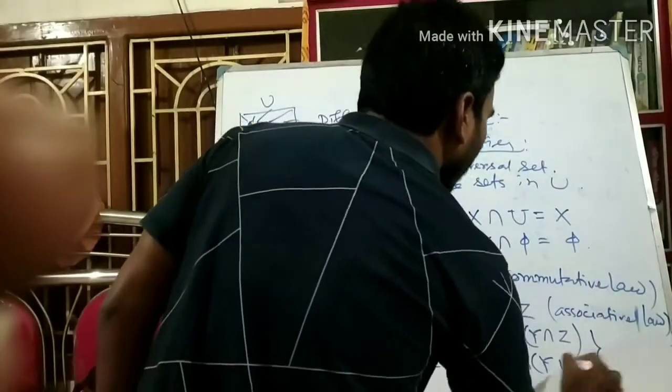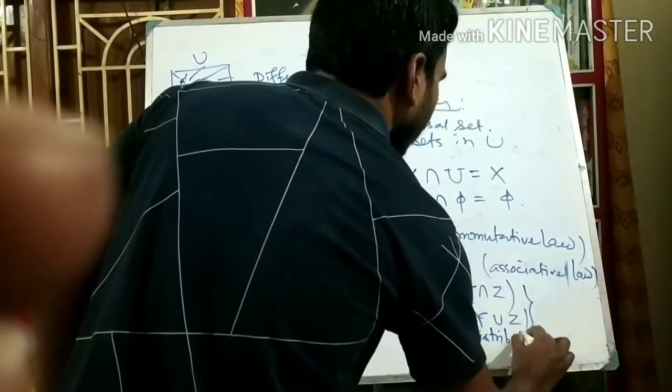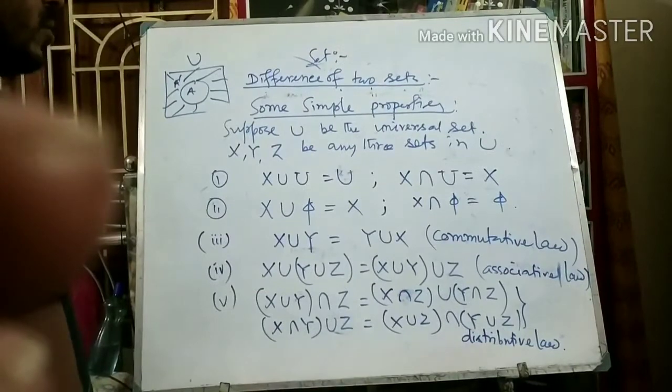These two properties are called distributive law.